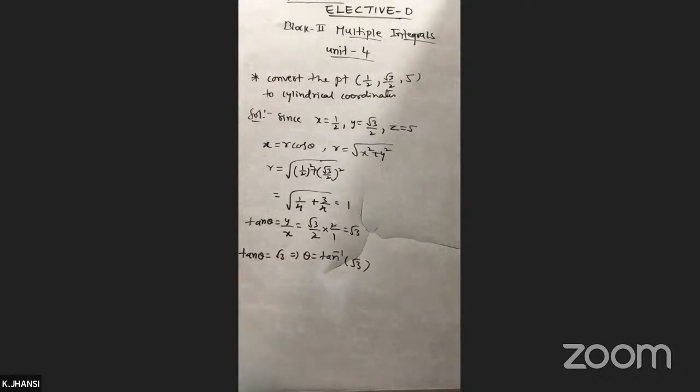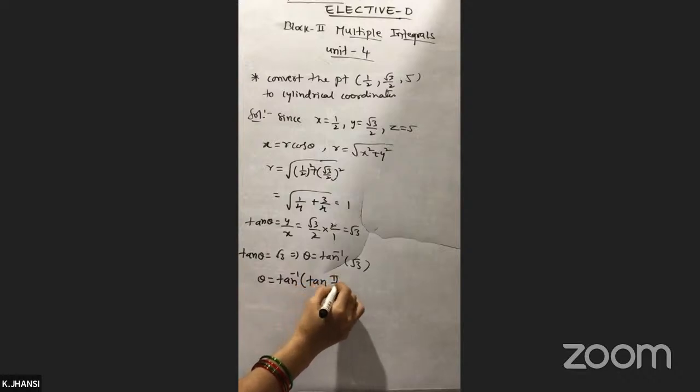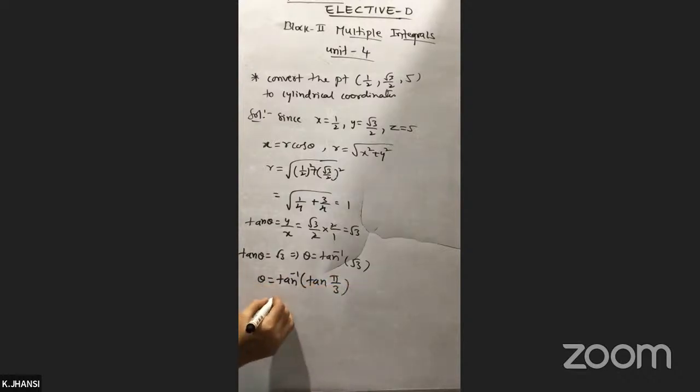For tan 60 degrees, we get the value root 3. So theta equals tan inverse of tan 60 degrees, which means pi by 3. So tan and tan inverse both get cancelled. So theta value is pi by 3.